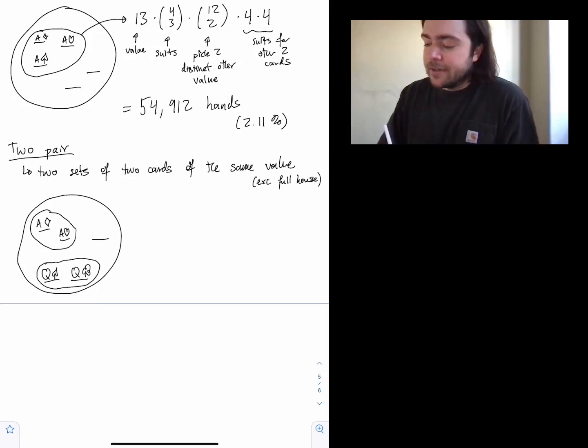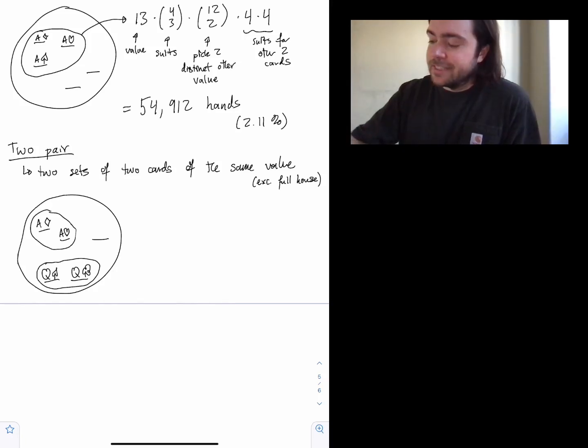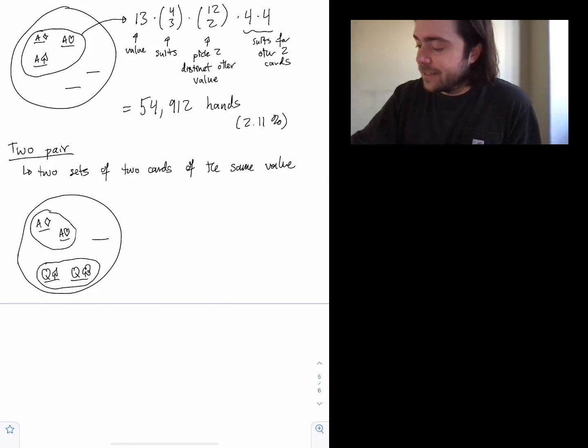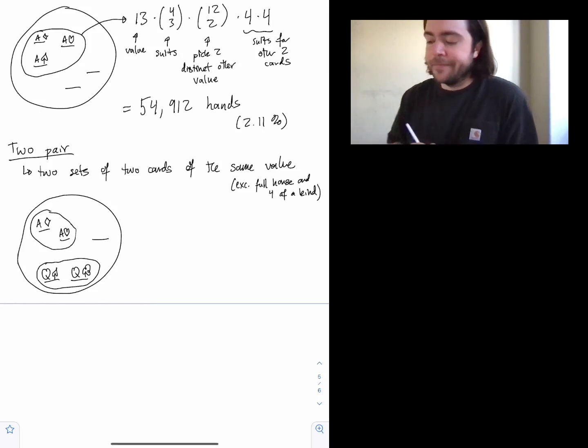Also, these 2 sets of 2 cards of the same value have to have different values, because if they had the same value, that'd be 4 of a kind. So I'll exclude full house and 4 of a kind. I'll just make that note so we remember.